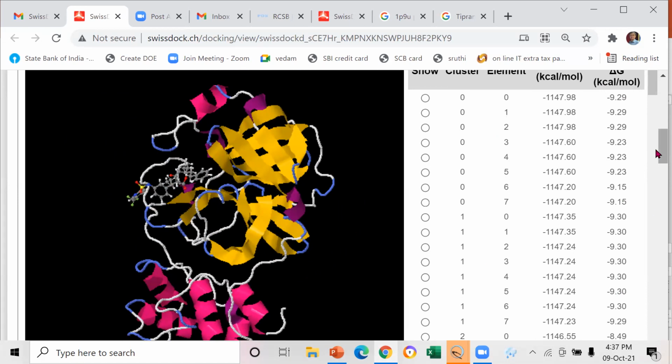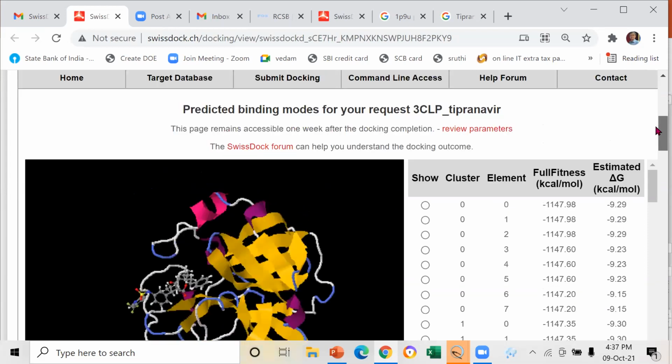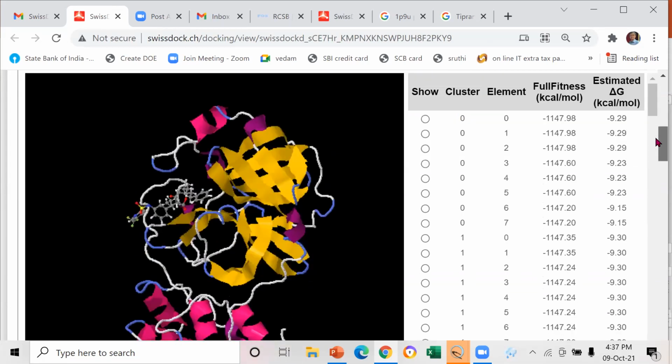Generally, this is the basic parameter. Using this delta G, everything is calculated. So this is most important. This delta G gives you the binding energy. The more negative it is, the better. Docking score is calculated based on delta G. They put some plus or minus and then they get some number.